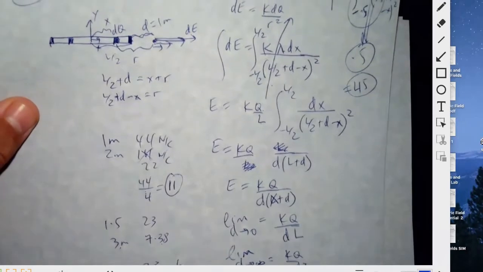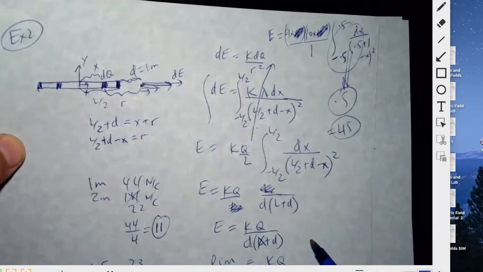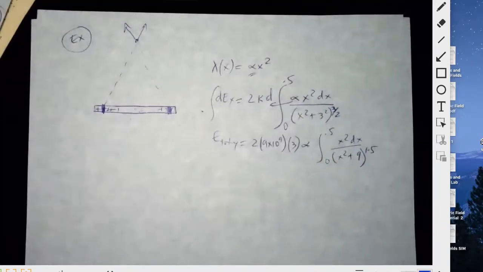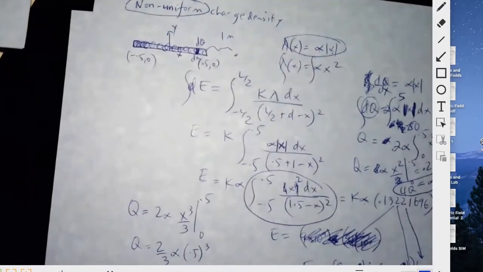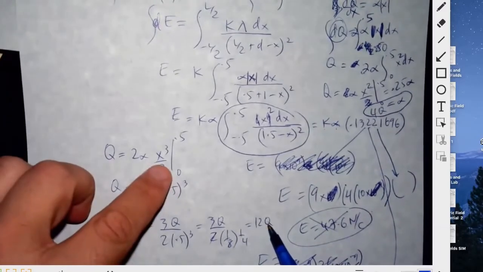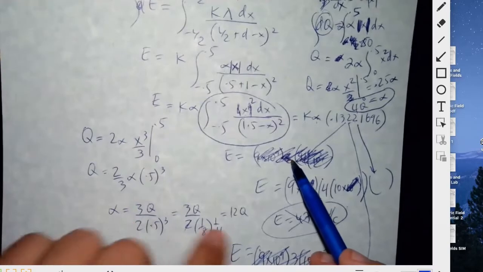I think it's here somewhere. What did the alpha come out? Let's see. Oh, here it is. Alpha came out 12Q, right? 12Q in the case where the lambda of x was alpha x squared. We did the integral here, and alpha came out 12Q.